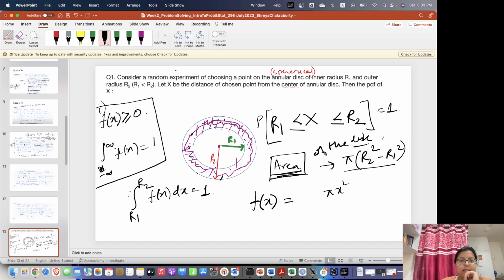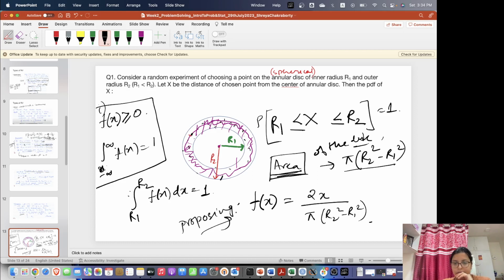So keeping these things in mind, if I devise the fx in this manner, 2x by pi (R2 square minus R1 square), so I am proposing something like this.